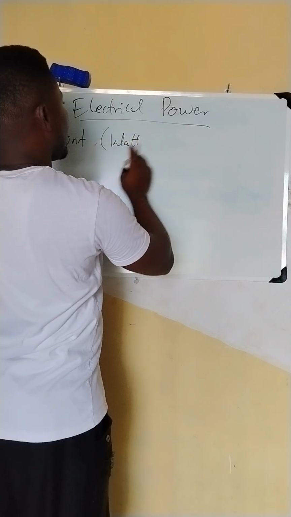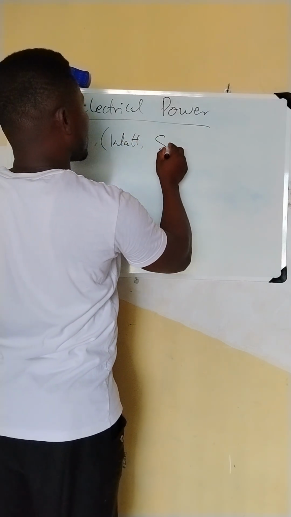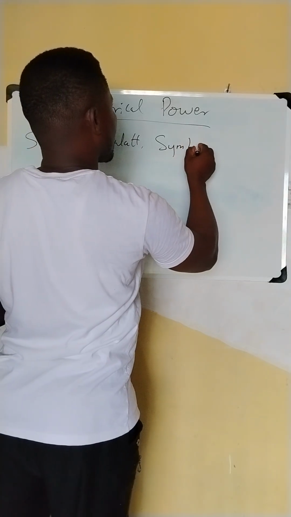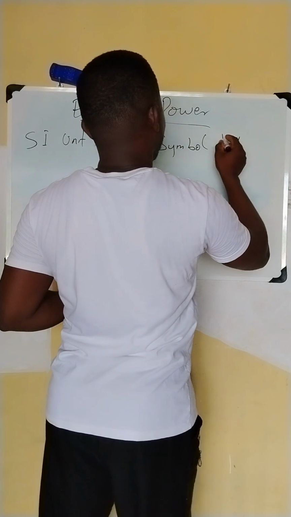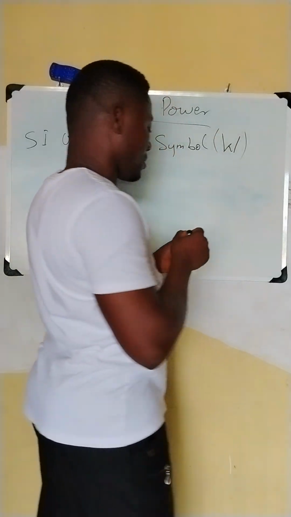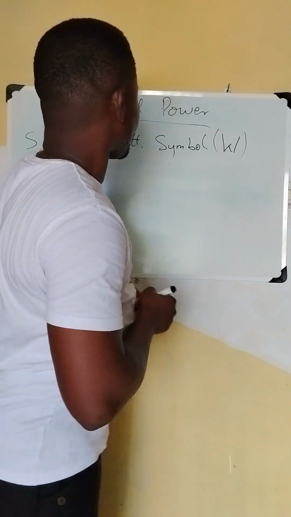The symbol is W, capital letter W, that is watt.